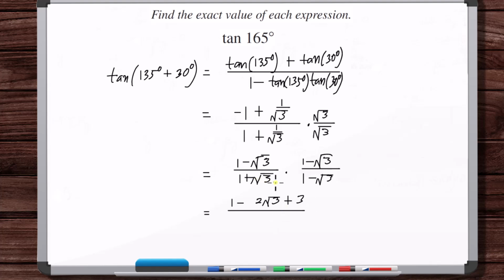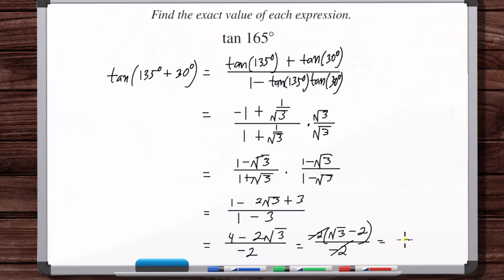Okay, over 1 minus root 3 plus root 3, and then minus 3. So that's going to be 4 minus 2 root 3 over minus 2. We can factor out a minus 2, and you get root 3 minus 2 over minus 2. And so you get root 3 minus 2.